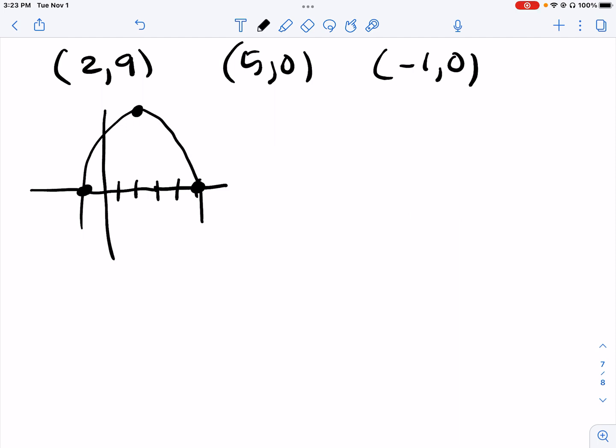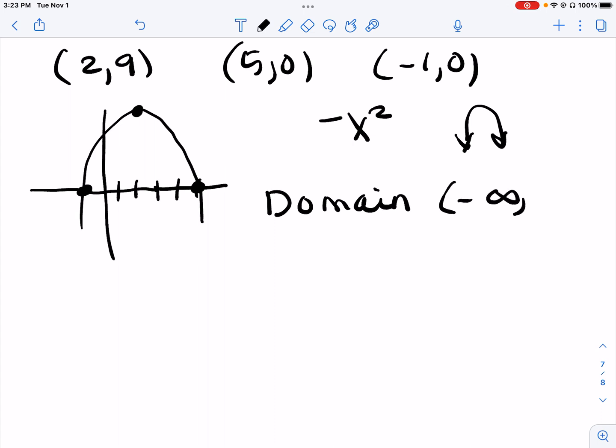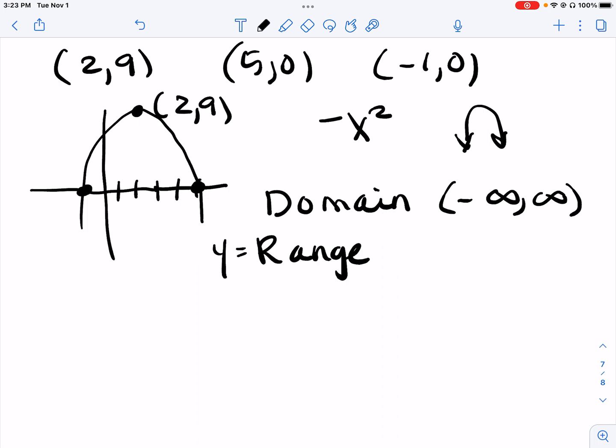Okay. When you have negative x squared, that flips the u to be an upside down u. Now the domain, the x's still go on forever. The range is different. The range is the y values.